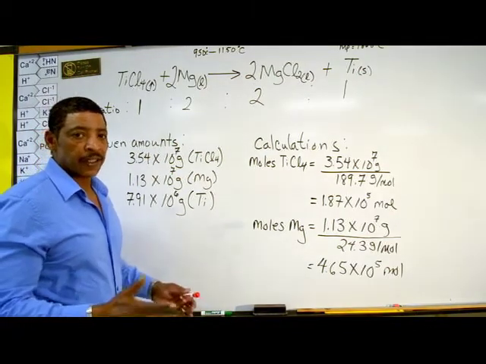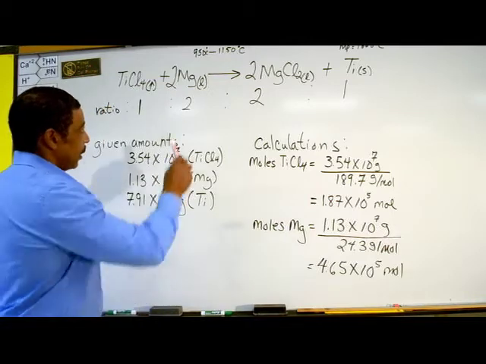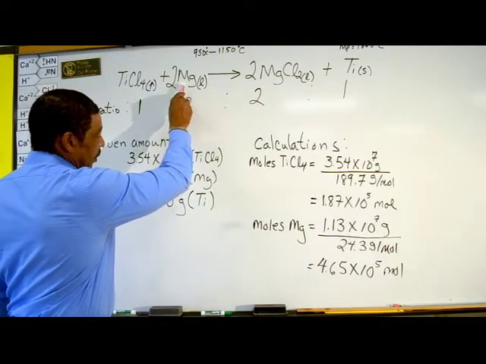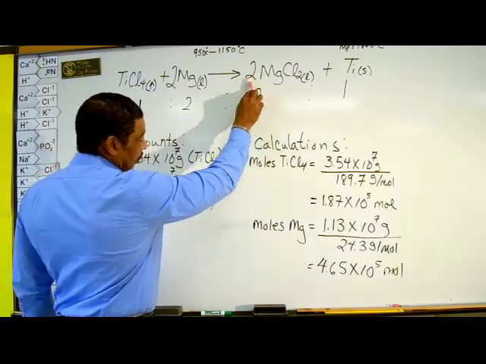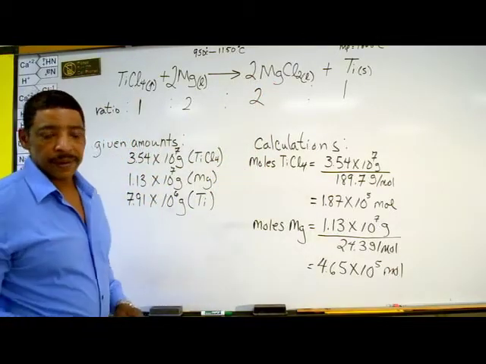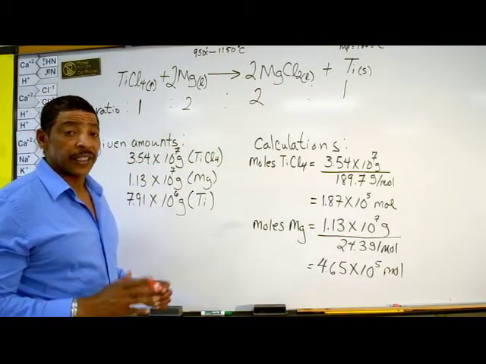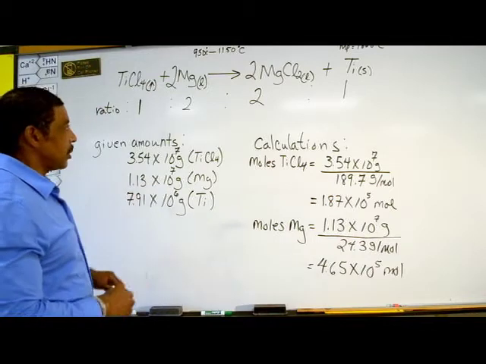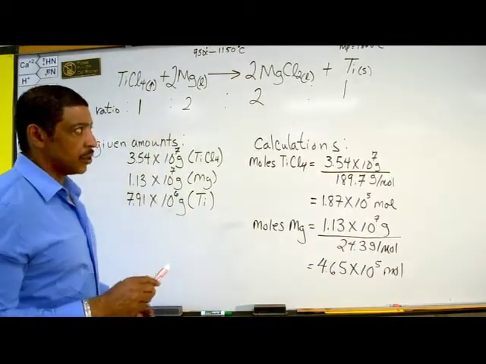Of course, we must balance the equation, where on the left side we place a 2 in front of Mg. On the right side we place a 2 in front of MgCl2. This will balance the equation, yielding a molar ratio of 1, 2, 2, 1.